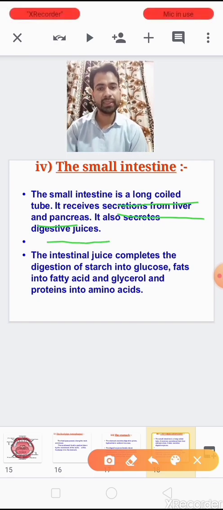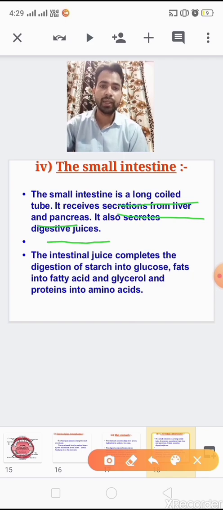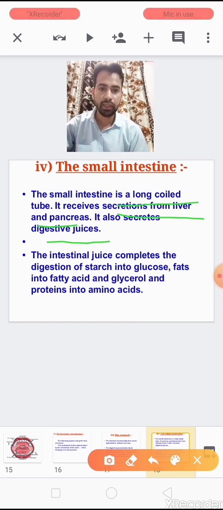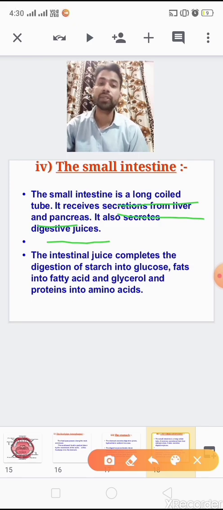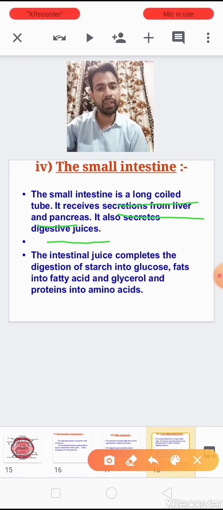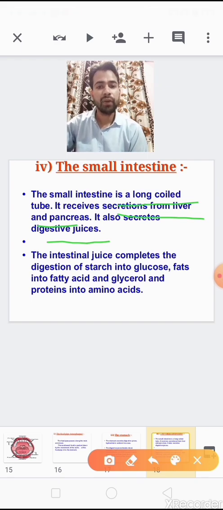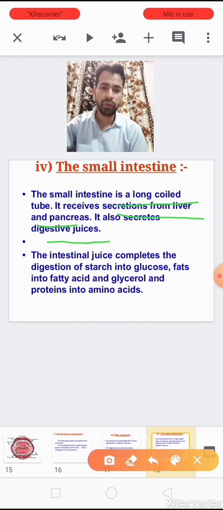Okay, it means the small intestine gets food from the stomach and secretions from the liver and pancreas also. Clear? And it has digestive juices that digest the food.